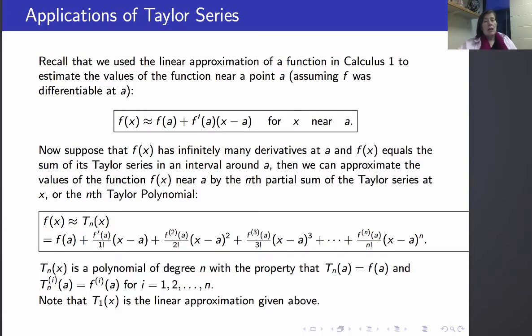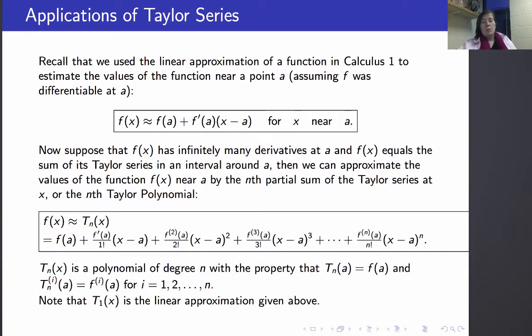So the nth Taylor polynomial is given by the sum of the first n plus 1 terms of the Taylor series. It ends at the term, the nth derivative at a over n factorial times (x minus a) to the n. And this is a good polynomial approximation to f(x) for values of x near a.